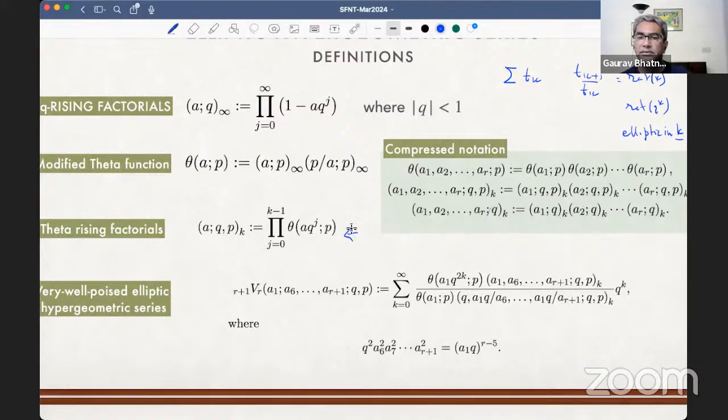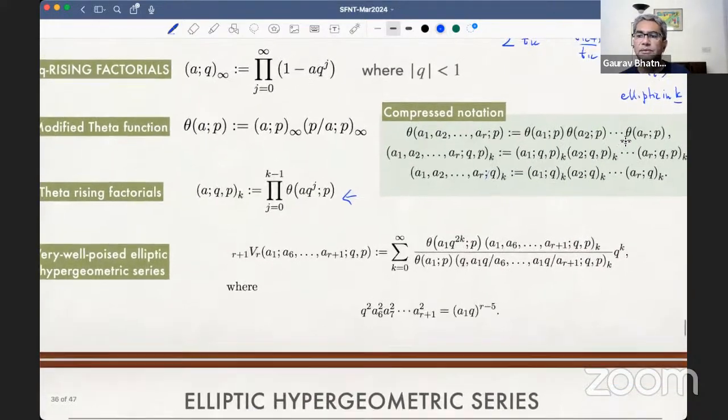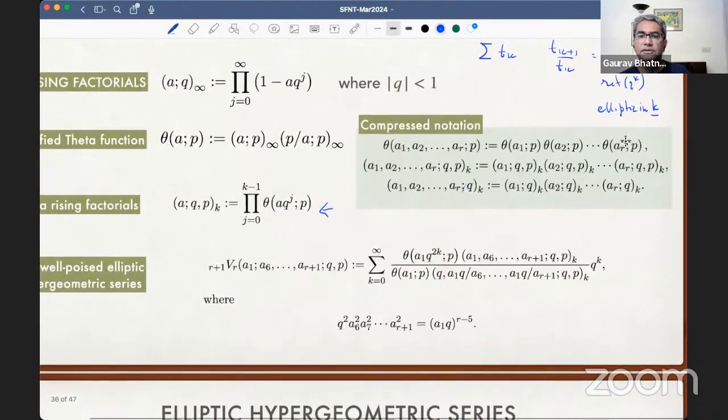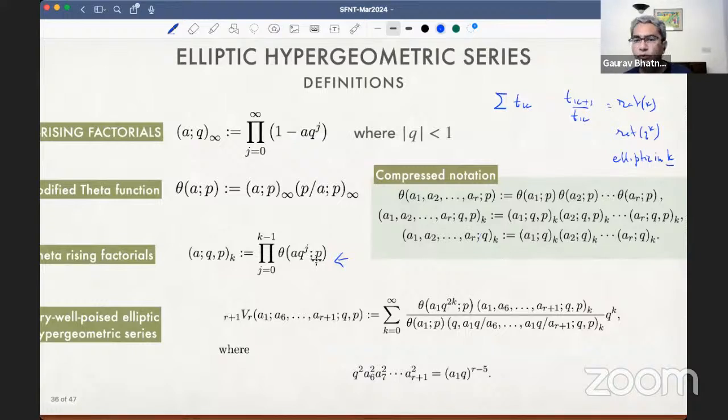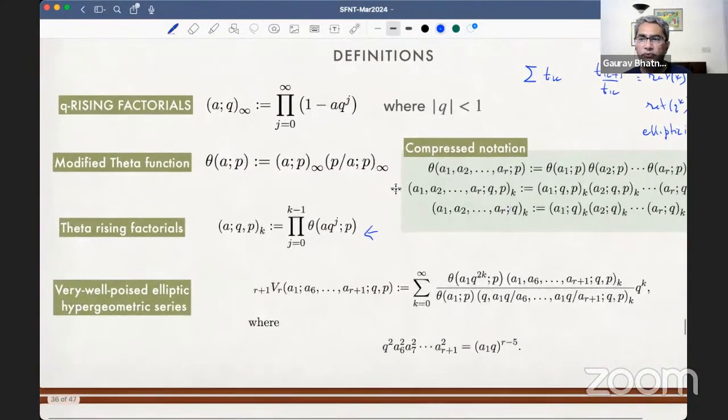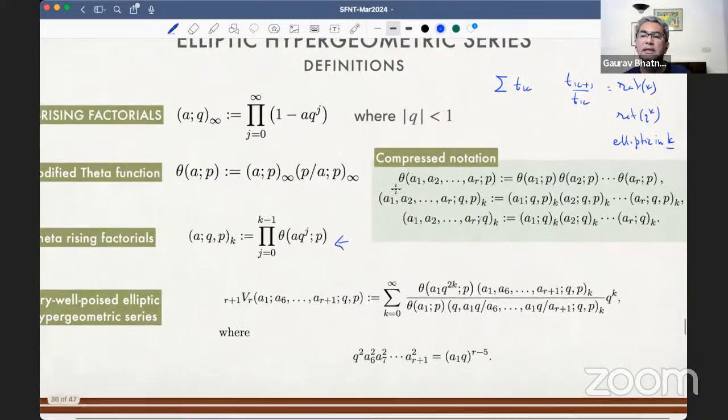This is the way it has to be because of that classic theorem I mentioned, that an elliptic function has to be a rational function of theta functions. So these are called elliptic hypergeometric series, and if you put p equal to 0, you get q hypergeometric series, and then further when q is 1, with some changes in parameters, you get hypergeometric series. So they're at the top of the hierarchy.